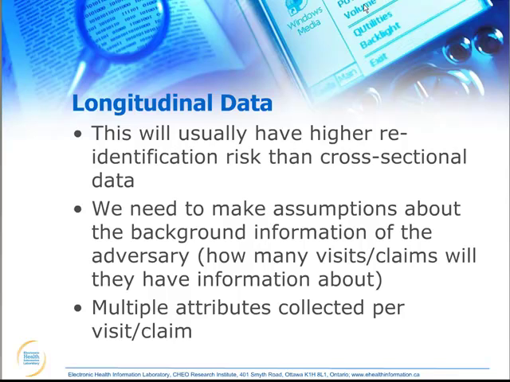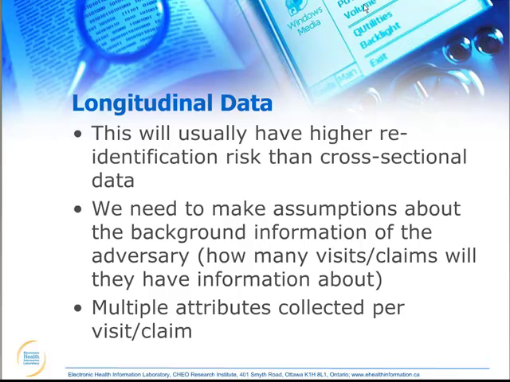And with longitudinal data, the adversary has more information to work with, basically. So as an example, if you have a data set with multiple visits, say hospital visits, if an adversary knows the dates of 3 visits, then there are 3 opportunities there of background knowledge being used and matched against the database to re-identify an individual.